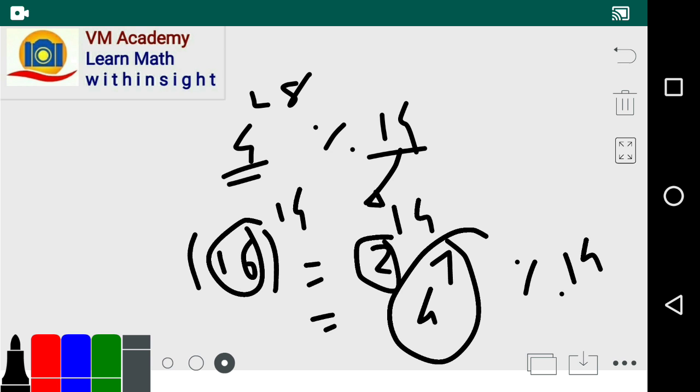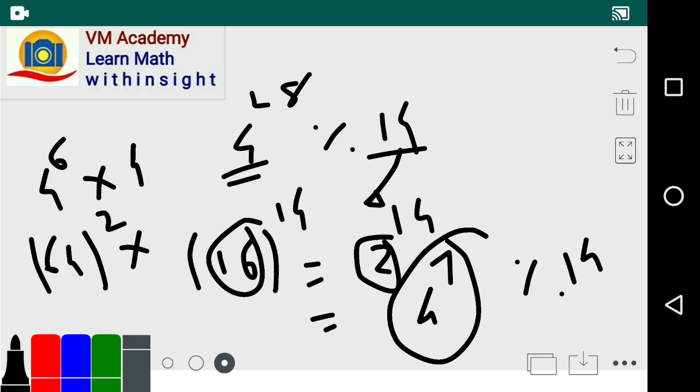So now 4 raised to 7 means 4 raised to 6 into 4, that is 4 cube squared, 64 square into 4.